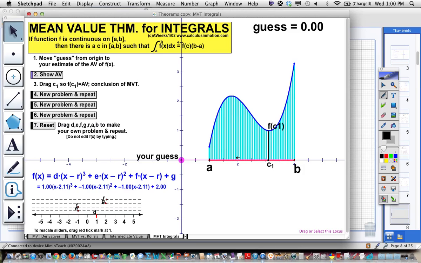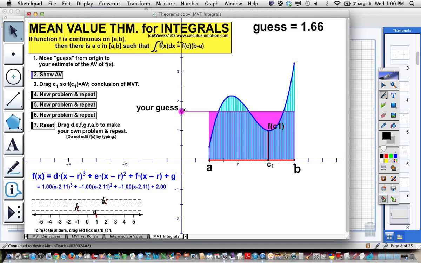What I want to know is what y value is the average of all those y values? Well, since we can't add them up, because there's an infinite number of them, but it still makes sense there's an average, right? So you're going to tell me where to stop my guess. Where do you think the average of these blue y values is?